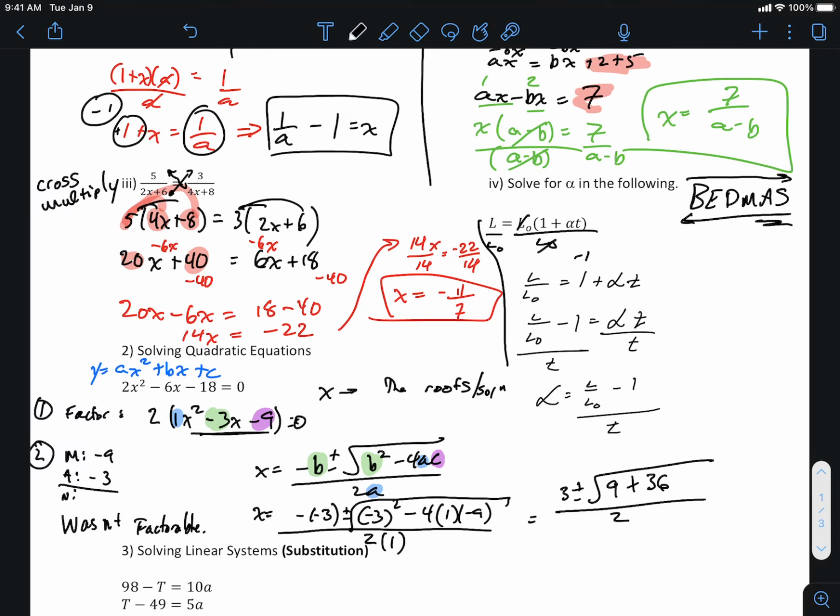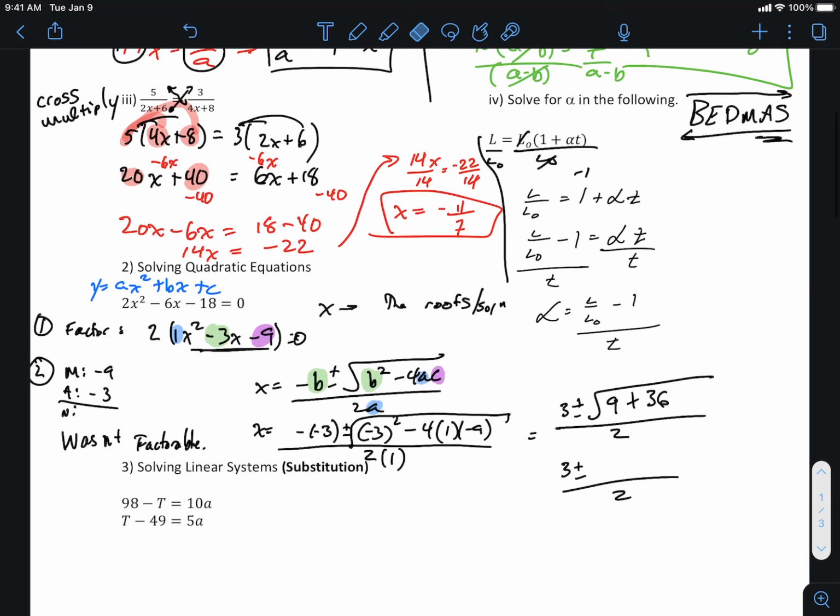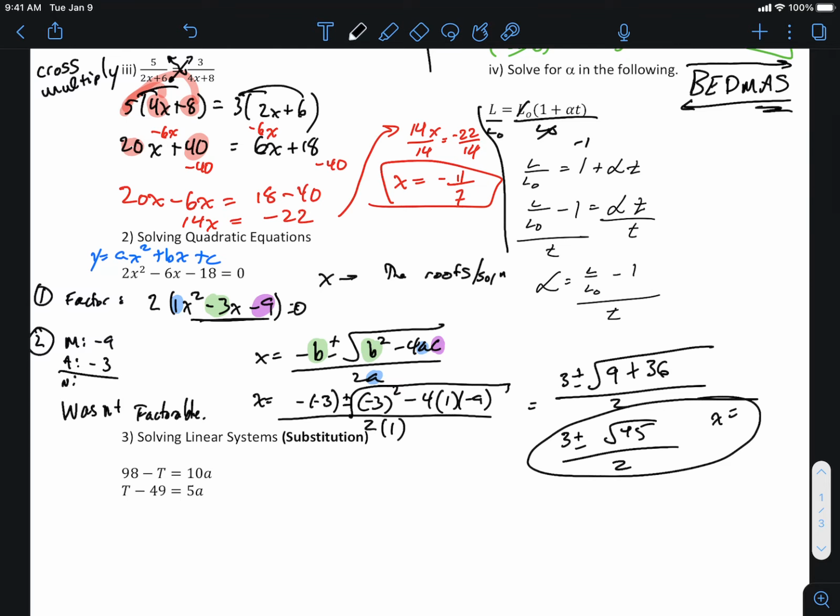If you did the math underneath the square root, you'd get 3 plus or minus the square root of 45, all divided by 2, and you find out that x can equal whatever it is. I'll show you guys later. If there ever is a question where we need to do something like this, I'll show you how to do it in your calculator so that you don't have to do this every time.